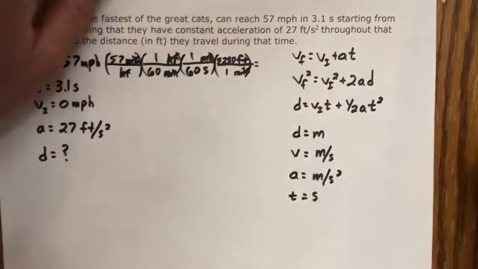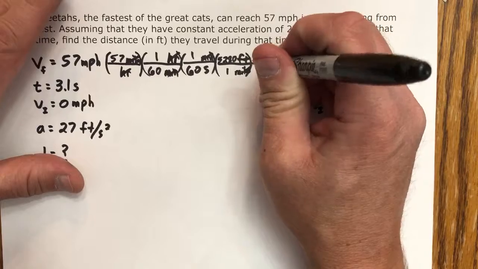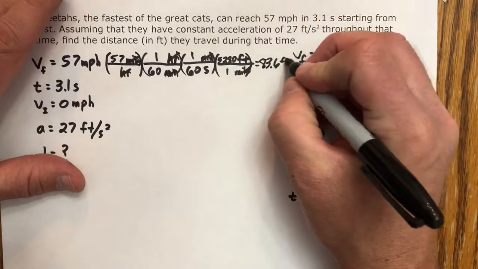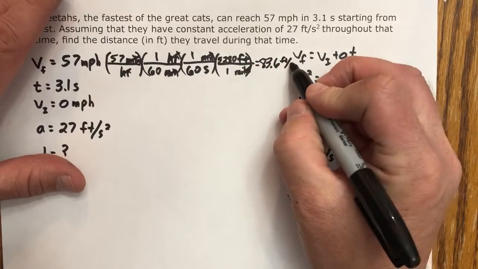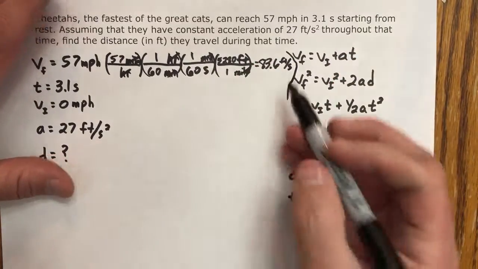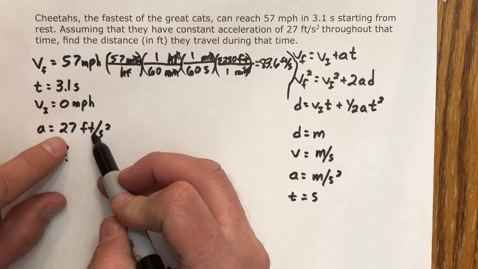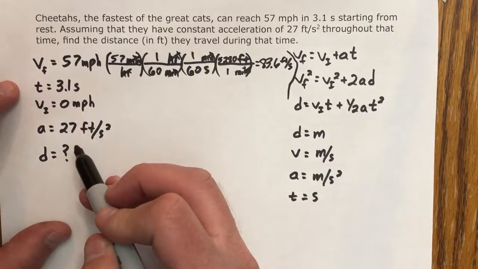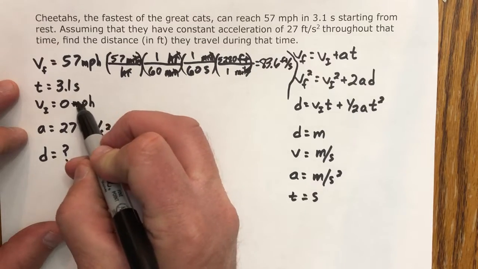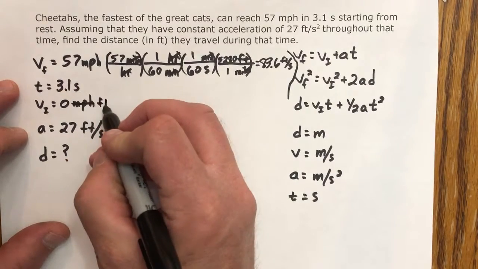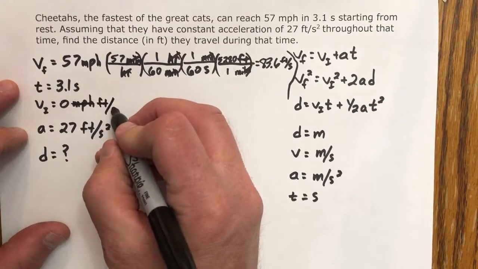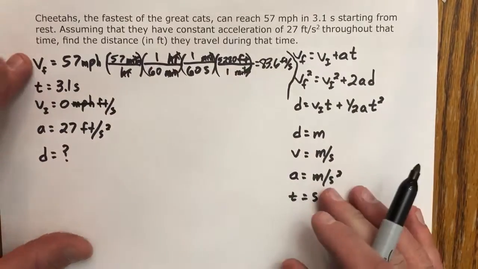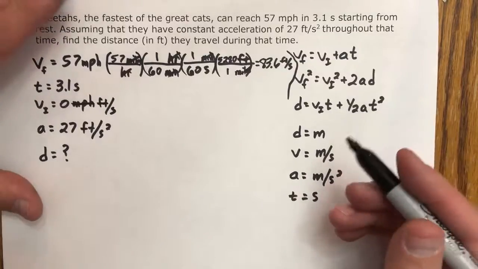And I get 83.6, and it is in feet per second, which is consistent with my acceleration, and the second is consistent with my time, so that's what I want to do. And this is 0 miles per hour. We can just change that to feet per second because 0 anything equals 0 anything. So 0 miles per hour is the same as 0 feet per second or 0 meters per second or whatever.